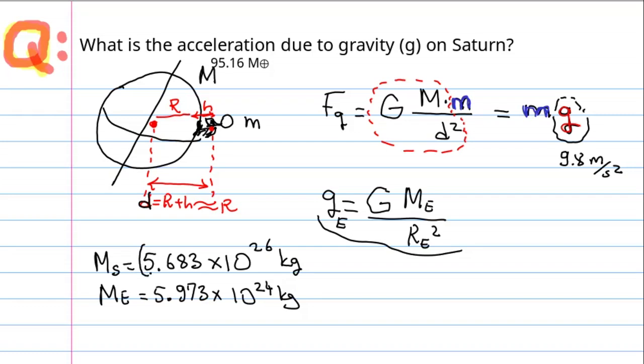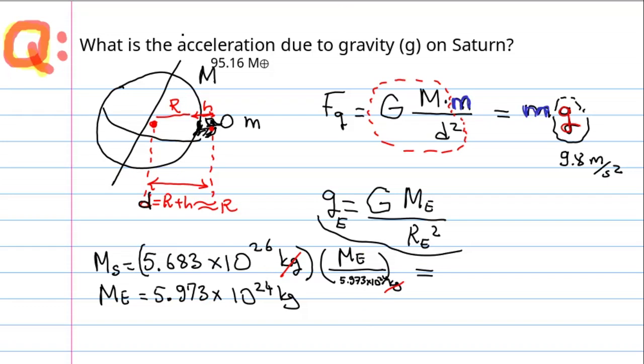To do that, we need to multiply by a ratio which is 1, like 1 over 1. In this case, that's going to be m Earth divided by 5.973 times 10 to the 24 kilograms. Kilograms will cancel, and the mass of Saturn will be found in terms of the mass of Earth.